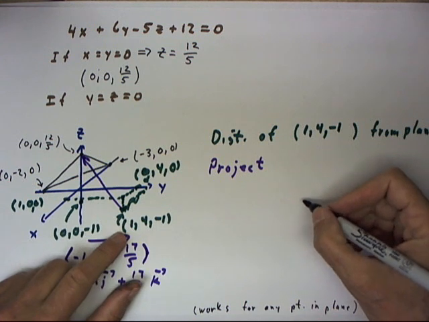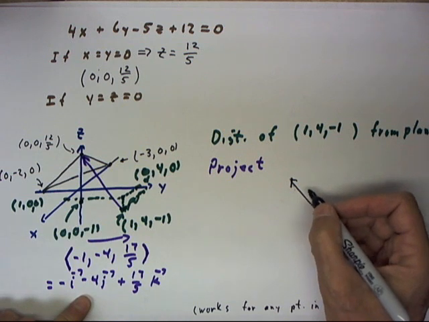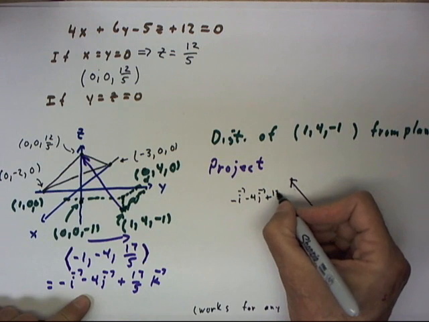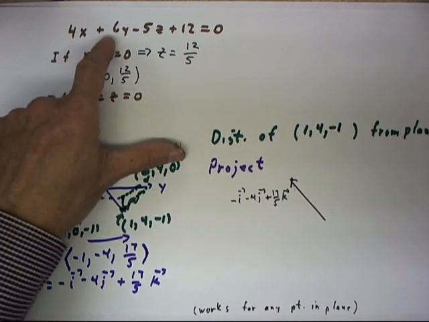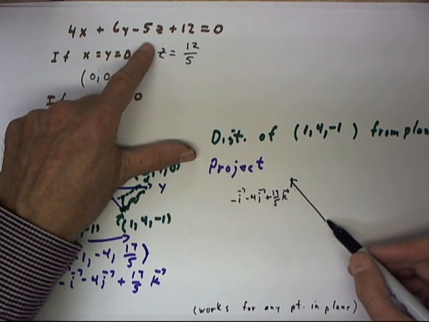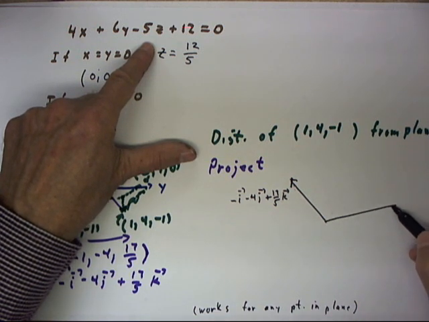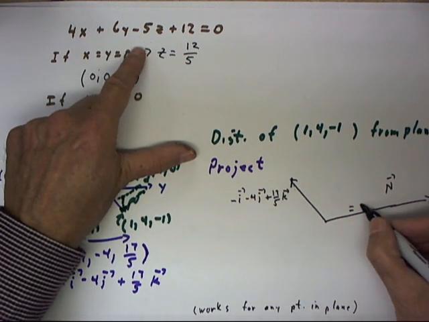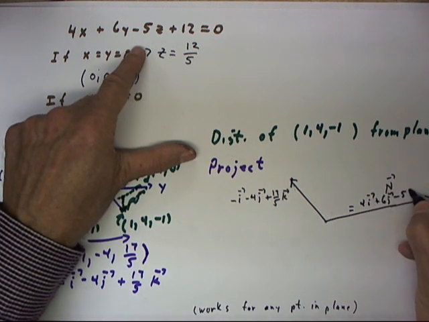We have the vector here, that's our vector, negative i minus 4j plus 17/5 k. And then we have our normal vector, which is 4i plus 6j minus 5k. Now, I'm not even going to attempt to put that in a correct direction, but maybe the vector would look something like this. So here's our normal vector, equal to 4i plus 6j minus 5k.